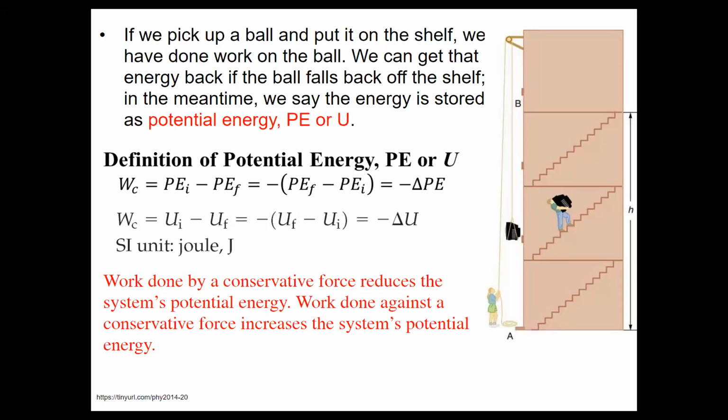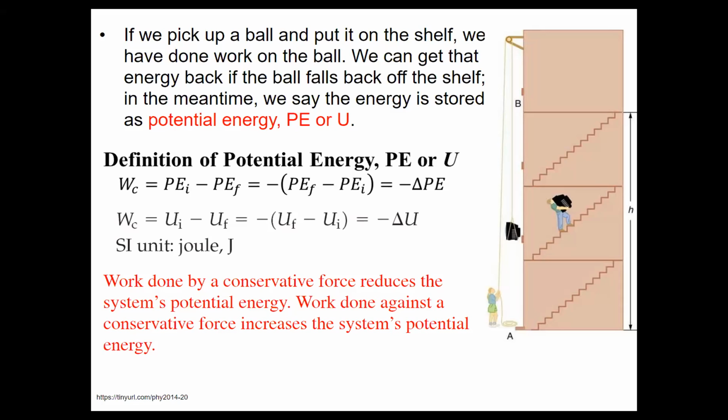Okay. So potential energy, because it's another form of energy, should have the same SI unit as energy, which is the joule, same as kinetic energy. So the work done by a conservative force actually reduces the system's potential energy, right?